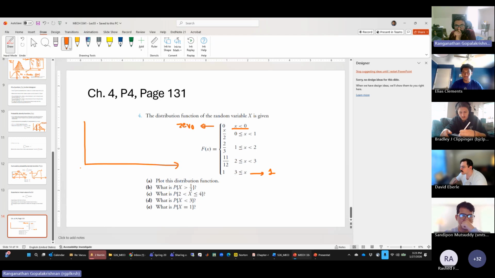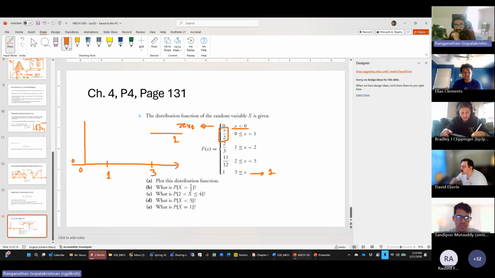If you start at 0 and map to 3, at 3 and after 3, it's just going to be 1, and below 0, it's just going to be 0. Between 0 and 1, it is equal to x divided by 2.